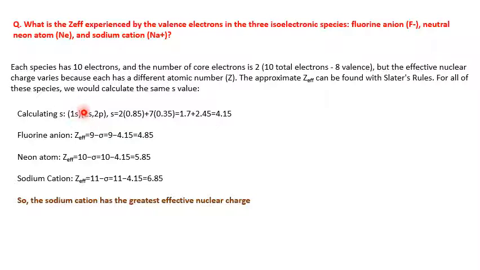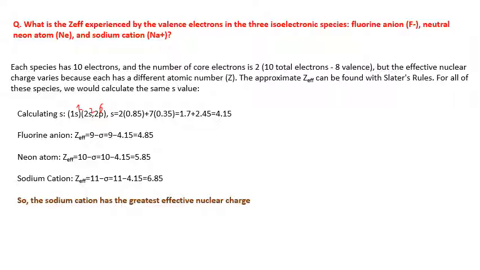So this is 1s2, 2s2, and 2p6. So this is 10 electrons. Now we calculate the screening constant.